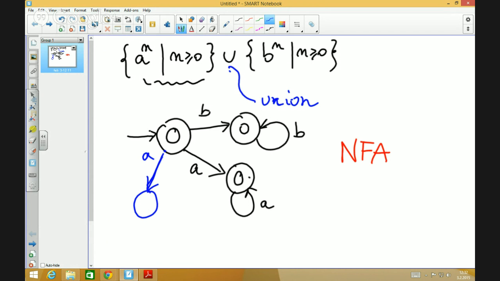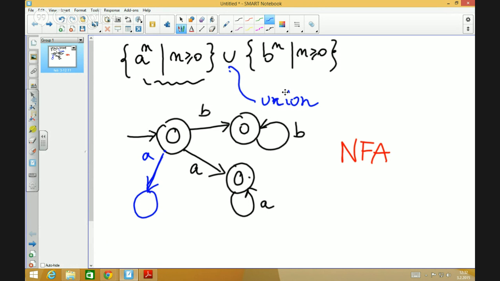But in an NFA, you may have non-determinism. That's what the N stands for. This means, for instance, that if you are in your start state, in the initial state, and you see an A, the automaton could process it by either going the blue way or the black way. Now, if the whole input string is A, going the blue way would be bad, because afterwards you will not be in an accept state.